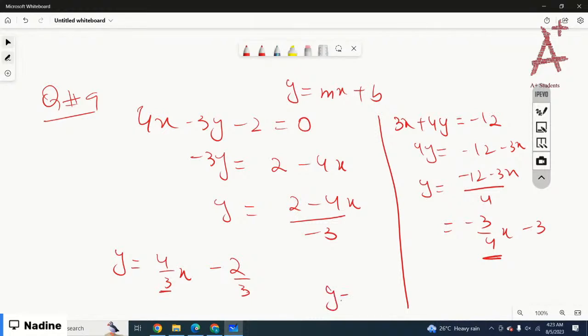So that means the equation of the line is y equals negative 3 over 4x minus 3, right? Okay.